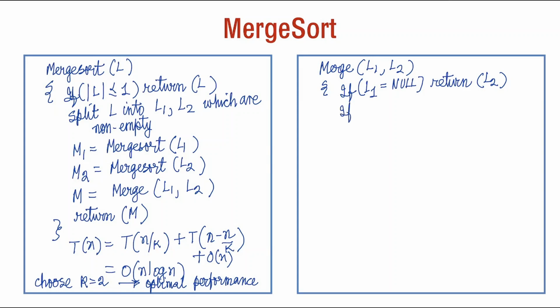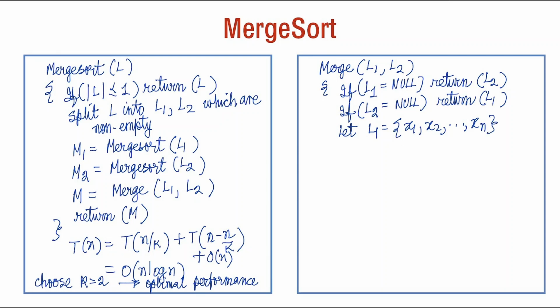If L2 equal to null, return L1. And if both of them are not null, then let L1 equal to x1, x2 up to xn, and let L2 be y1, y2 up to ym, and we know that both of them are sorted.